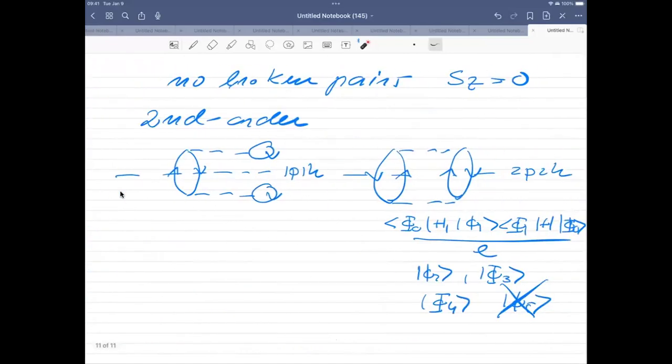So to second-order perturbation theory, this diagram here is going to give you explicit contributions. And the Hamiltonian is so simple that you will be able to calculate analytical expressions for the second-order perturbation theory. So that's one of the tasks in the exercise.